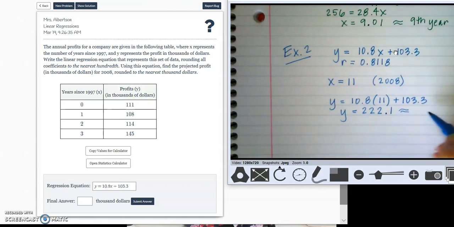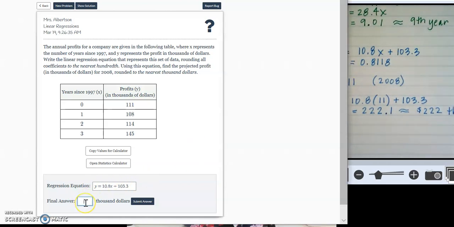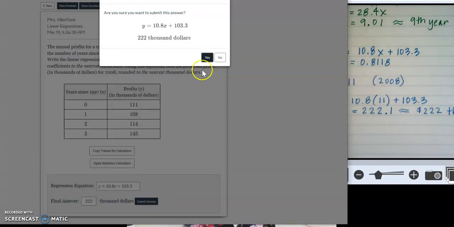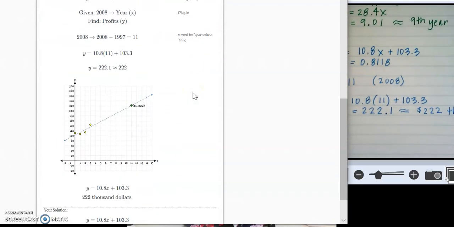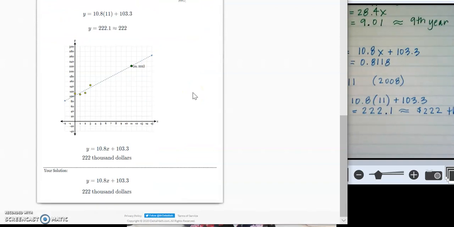So we're just going to say that that is going to be 222,000. All right, so come back over here, type 222, submit our answer. I hope I typed everything correctly, and we got it right. And again, if you scroll down to the bottom, you can see the equation and the graph.